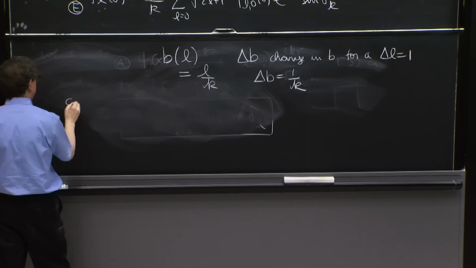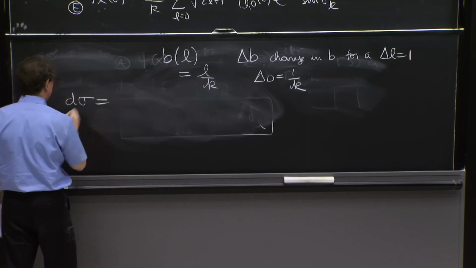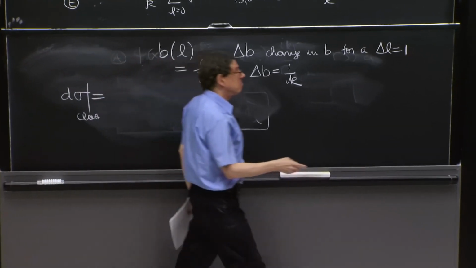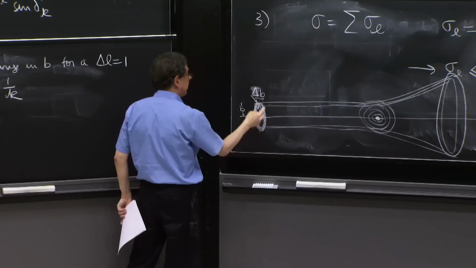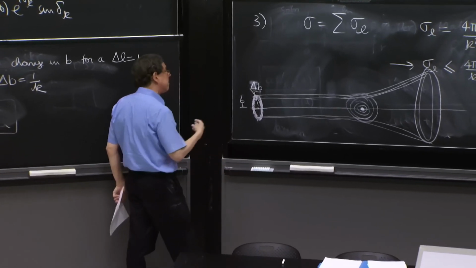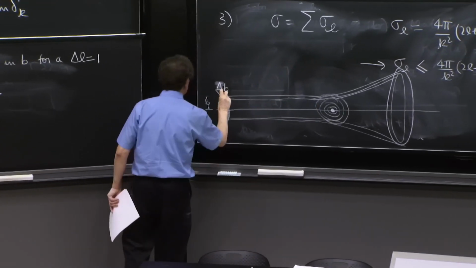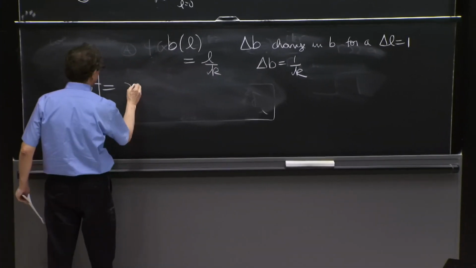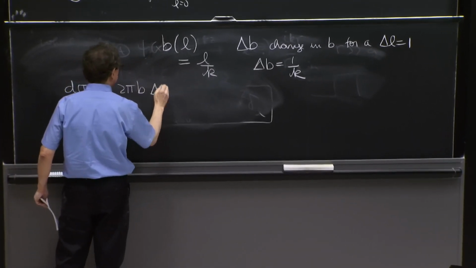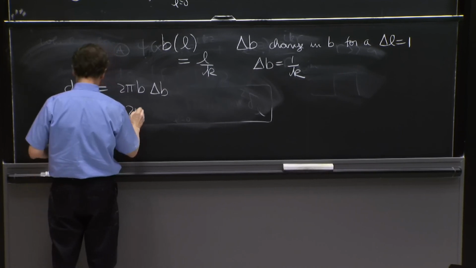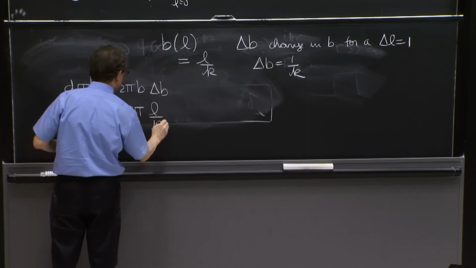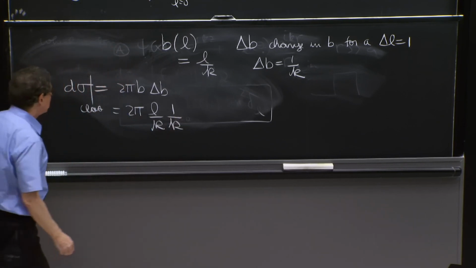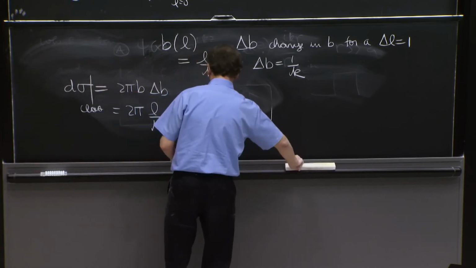So what is the differential cross-section? The classical one is this area. This is the area of the beam that is going to be scattered in that partial wave. So it's going to be 2 pi b delta b. And this is 2 pi L over K times 1 over K. And that's not so bad.